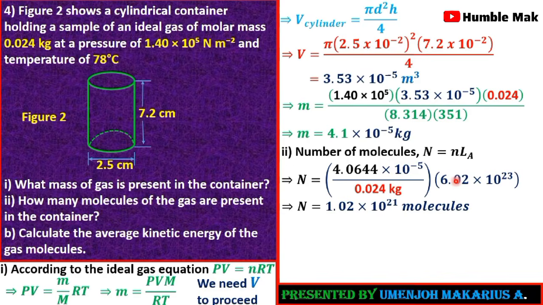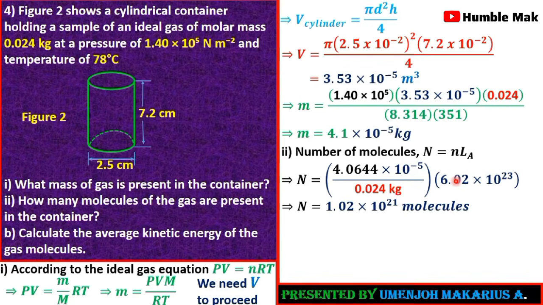Quite large, right? Now the last part is asking us to calculate the average kinetic energy of the gas molecules. Now friends, this is the first time I've seen the exam board bring in a formula like this.